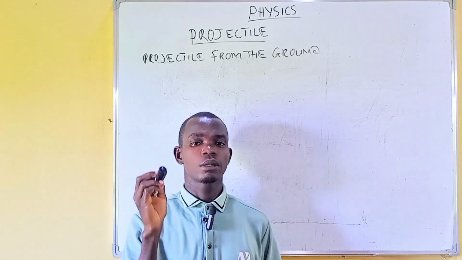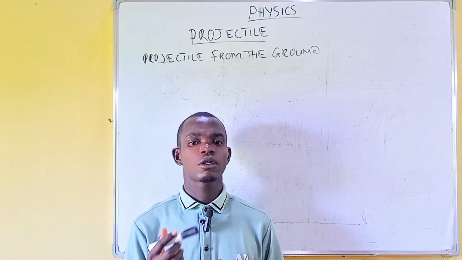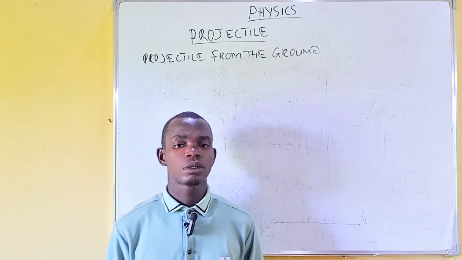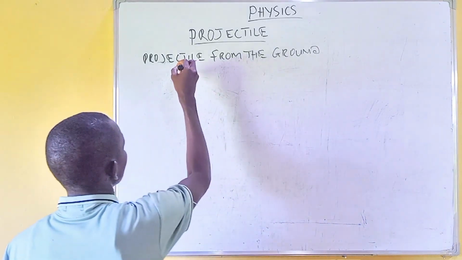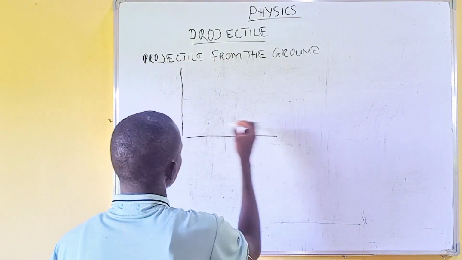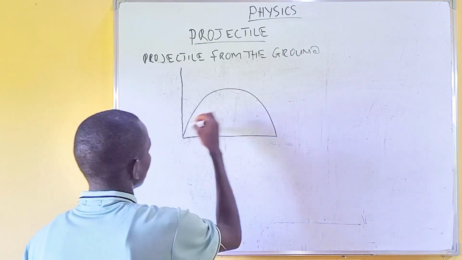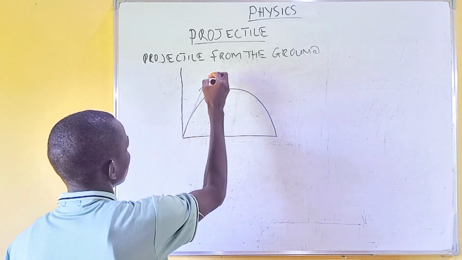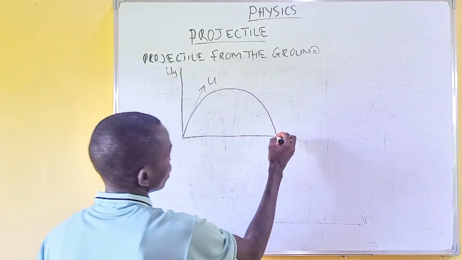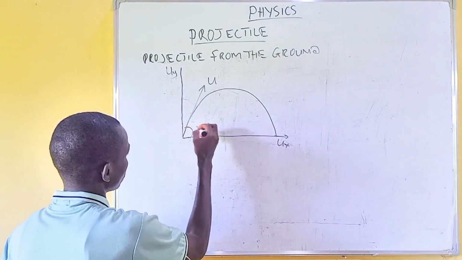If a player is throwing a ball with an initial velocity u at an angle theta, it will follow a curved path. If we represent it on a diagram, we will have the vertical component, the horizontal component, and here is the curved path. Here is the initial velocity u, here is the vertical component, and here is the horizontal component at an angle theta.